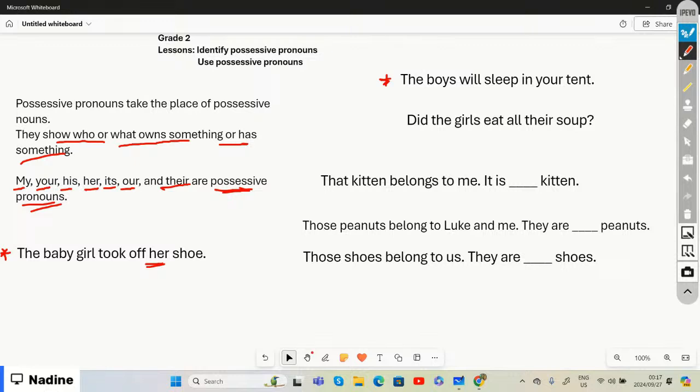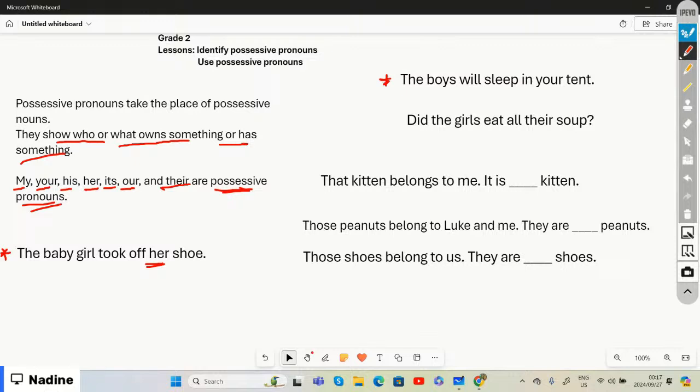If we look at that sentence, what do you think will be the possessive pronoun? We need to identify the possessive pronoun within that sentence.